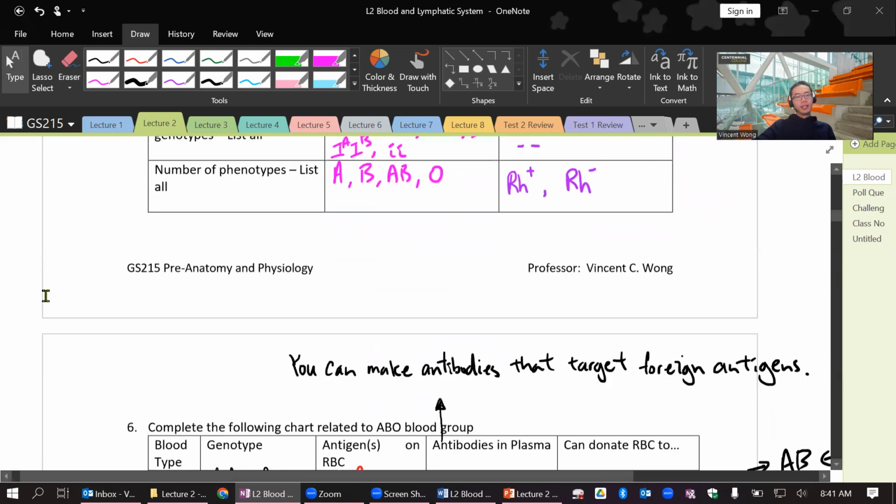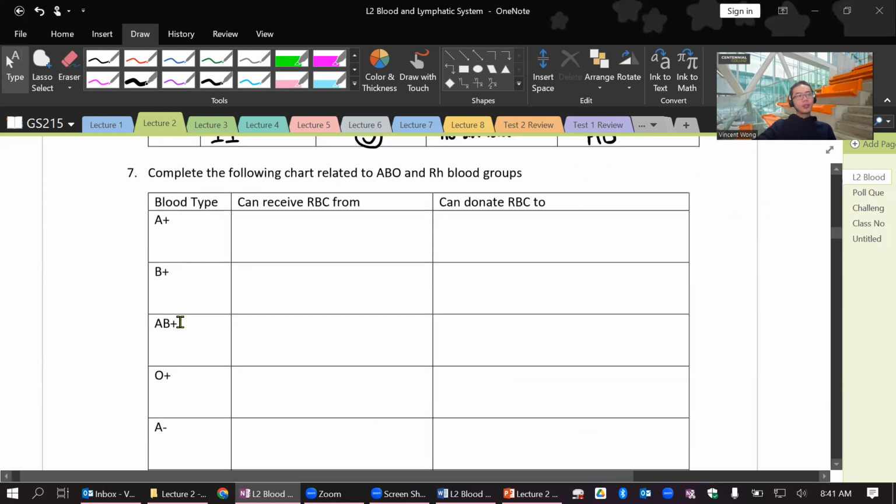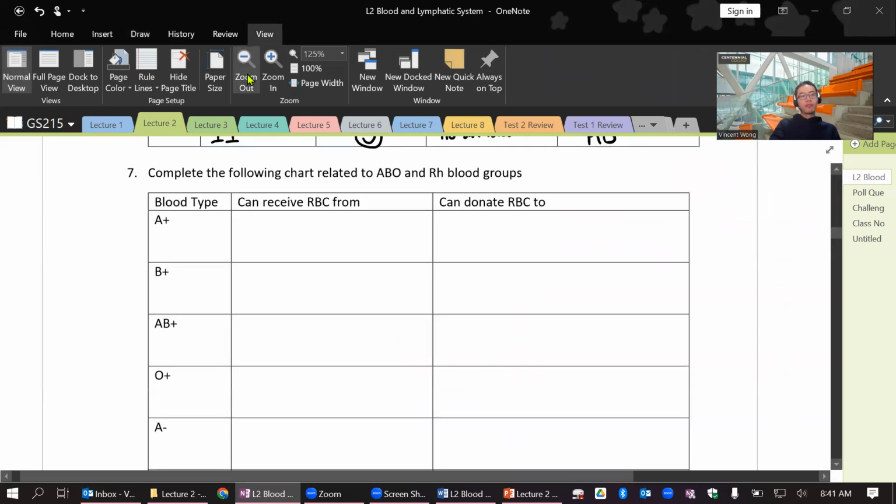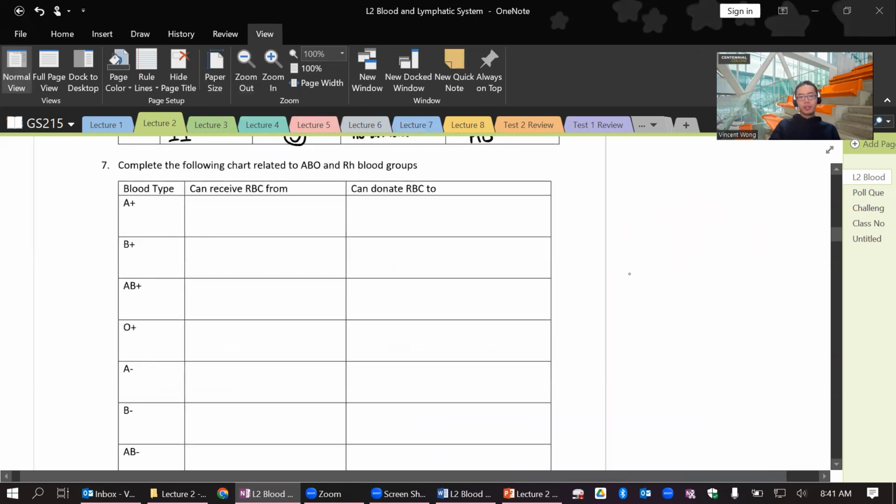Great. Now, I asked you to fill in this chart on your own. I'm not going to take up the whole thing, but I will do a few just to help refresh your memory. When it comes to blood donation, the rules for the ABO blood group are like this.